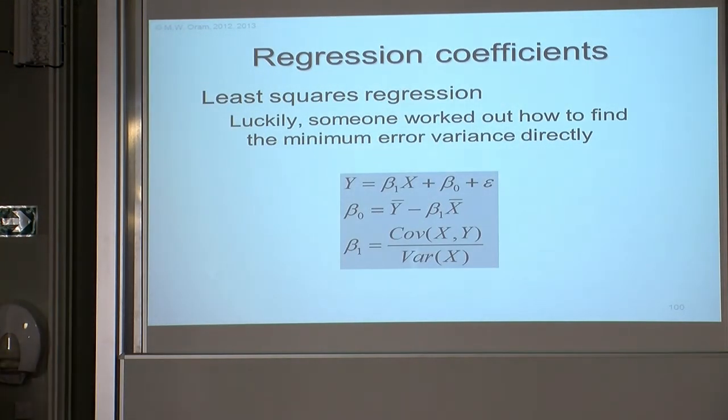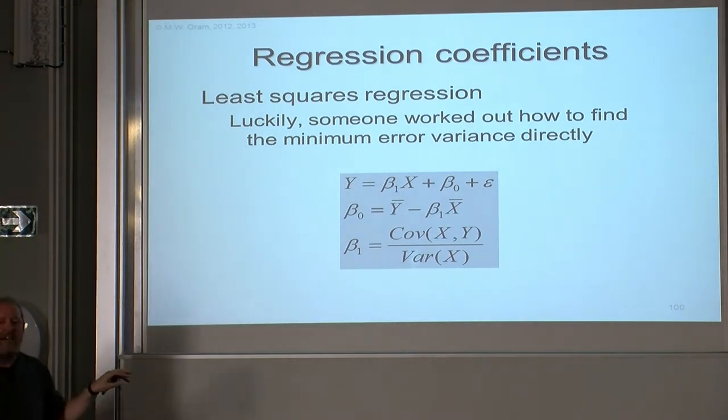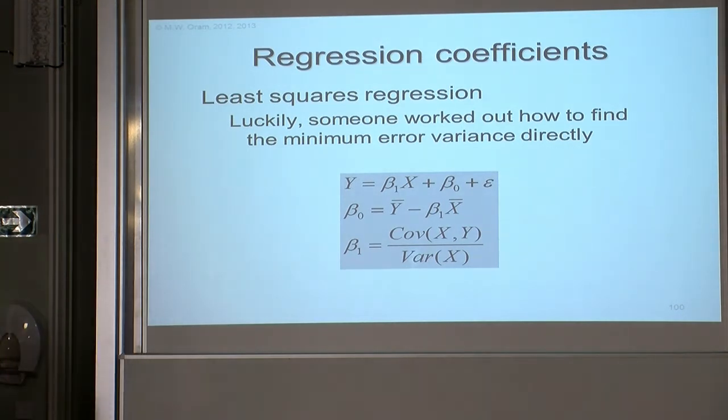Now, thankfully, people have worked that out for us. We don't have to go through that trick of going through each possible slope and finding where it is. We can do it in one go, a one-stage analysis. Any linear system can be done like this. With more complex regressions, you have to find ways of estimating that error term, and then you just home in on values which minimize it.